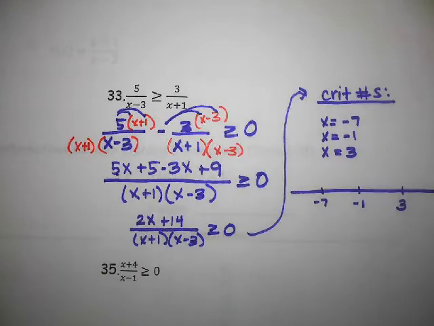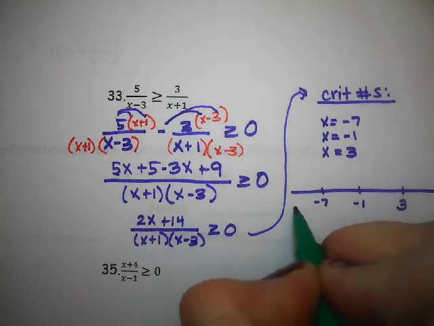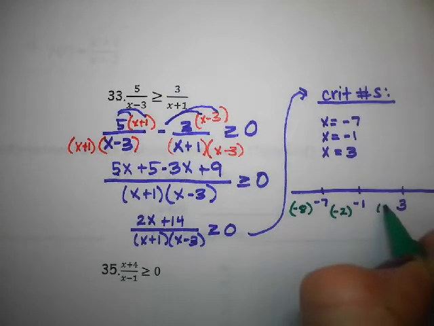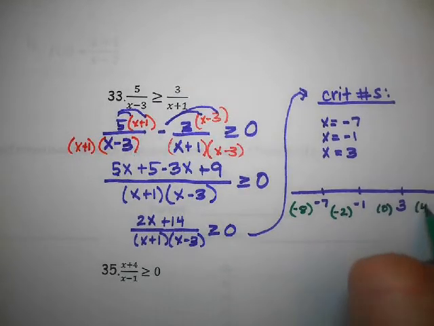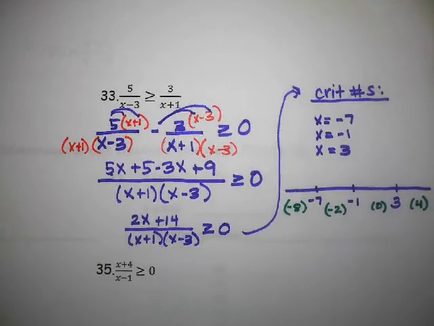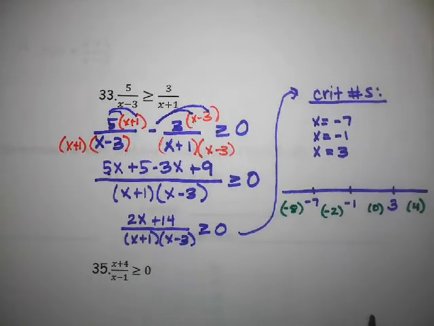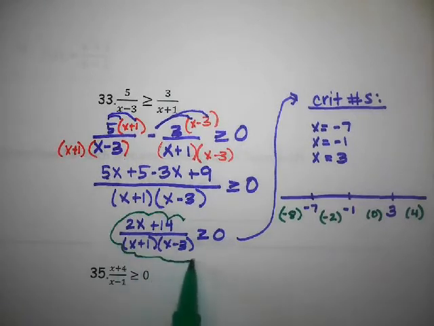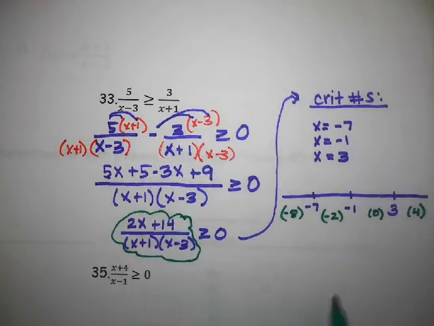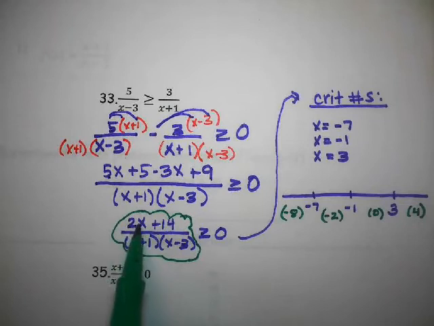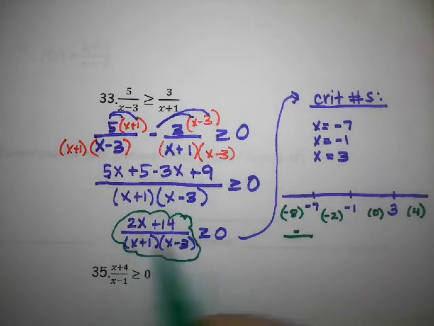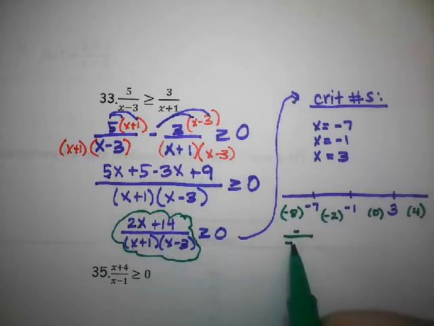For my test numbers, I pick anything smaller than negative 7, maybe negative 8. In between, negative 2, 0 is always a good one to pick, and maybe 4. The test numbers are going to go back in anywhere where I see a 0 on the side. This looks like the most simplified form to put it into. So I'm going to put negative 8 in. Well, 2 times negative 8 is negative 16, plus 14 is negative. Negative 8 plus 1 is negative. Negative.